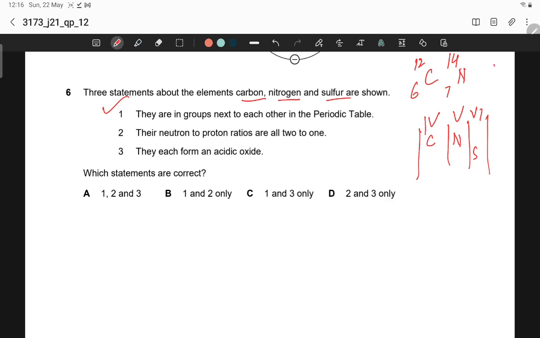And sulfur is 16 and 32. Carbon has 6 protons and 6 neutrons, nitrogen has 7 neutrons and 7 protons, and sulfur has 16 neutrons and 16 protons.